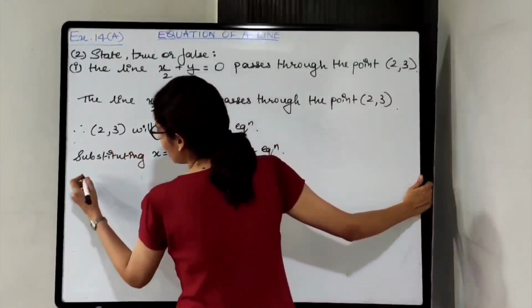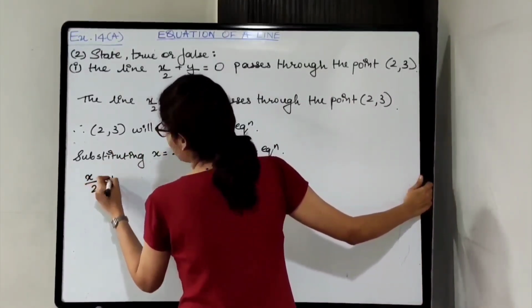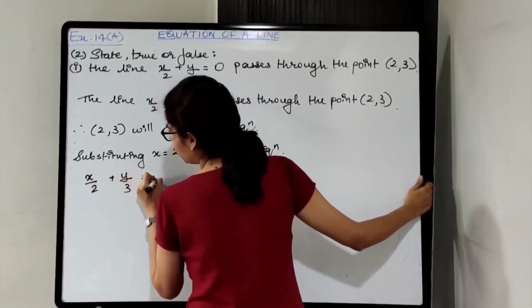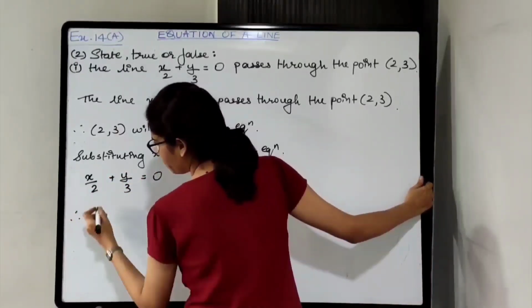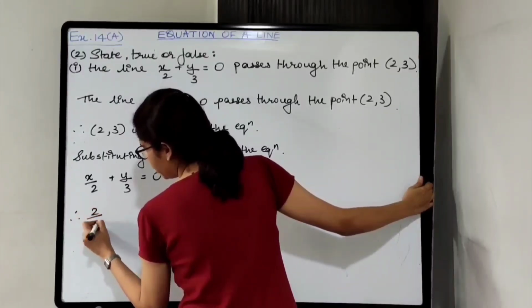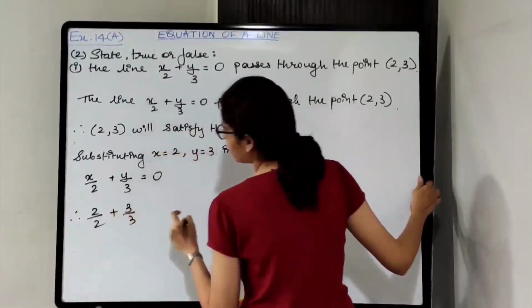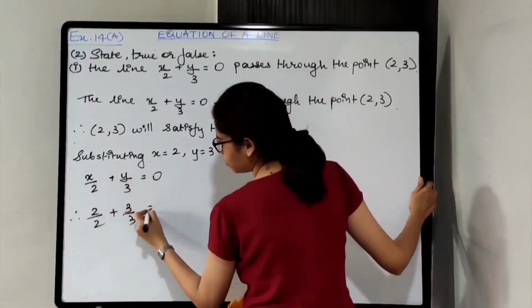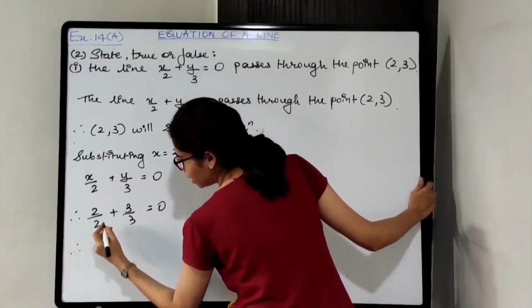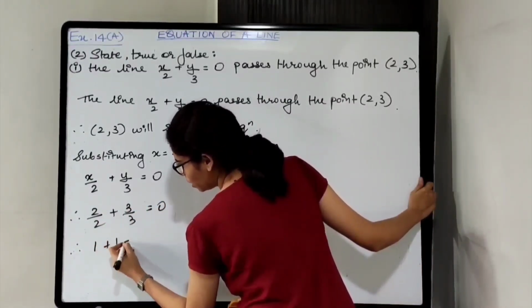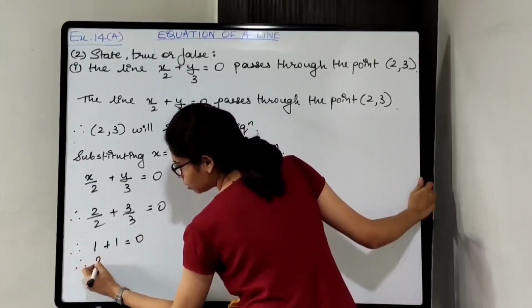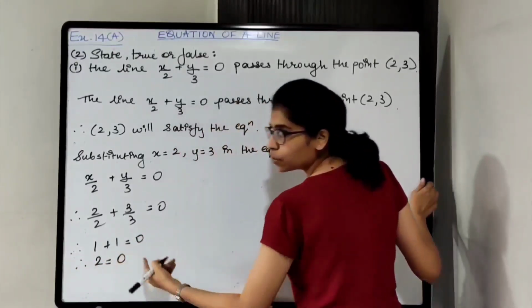So equation here: x by 2 plus y by 3 equal to 0. Therefore 2 by 2 plus 3 by 3, right? x is 2 and y is 3, equal to 0. So we are getting 1 plus 1 equal to 0, that is 2 is equal to 0, which is not possible.